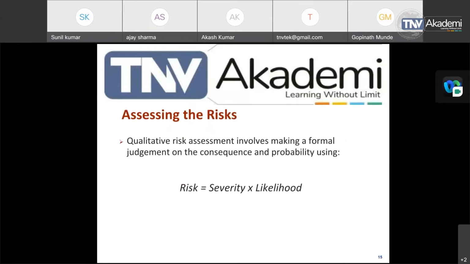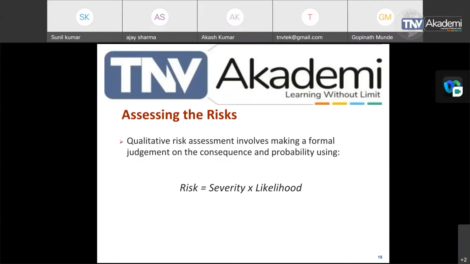Risk has a probability, the severity of that particular hazard, and the likelihood of that severity, which may be critical, minor, major, or lethal. So it depends upon how much severity the particular risk or hazard has.